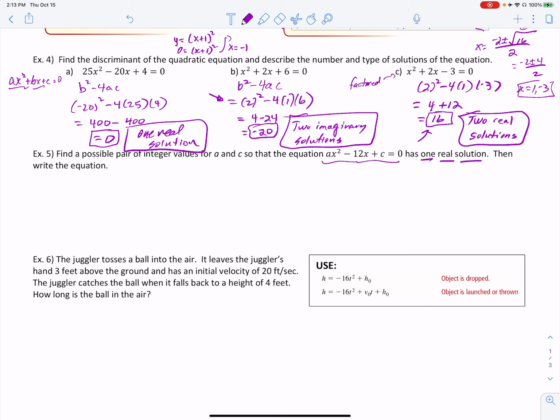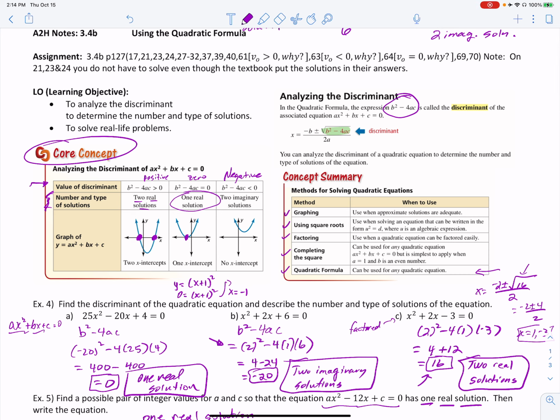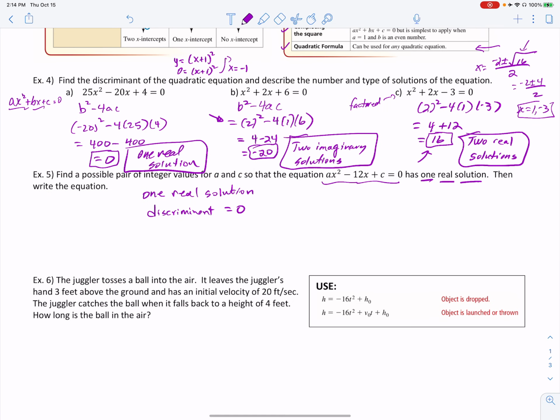So if I want one real solution, what do you know about the nature of the discriminant? Well, the discriminant must be 0. That's from this chart up here. You get one real solution when the discriminant is 0. So that means I want b squared minus 4ac to be 0. And that's what you should set up.